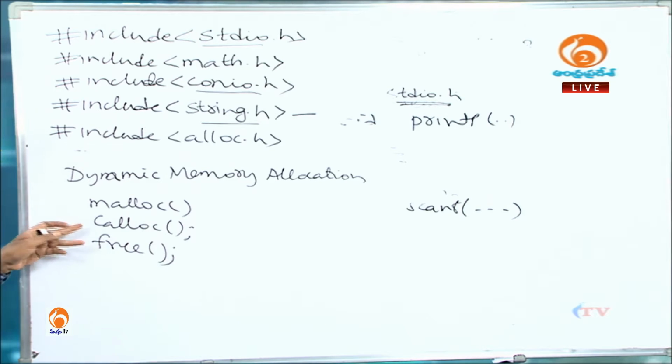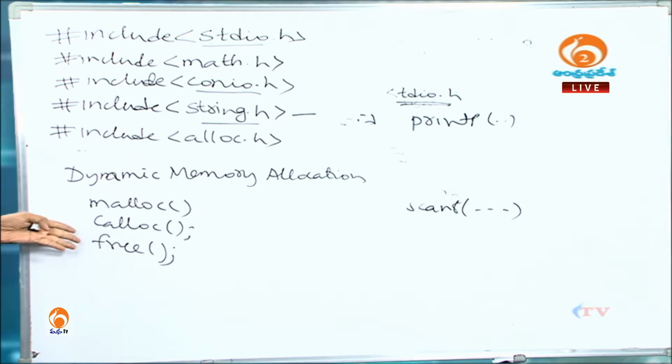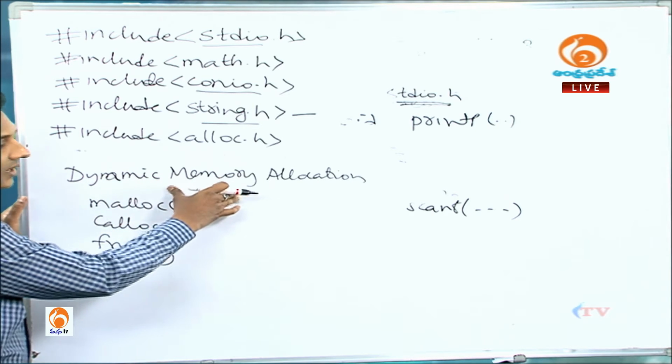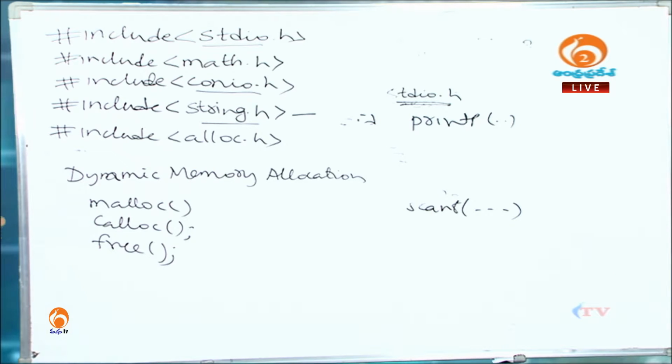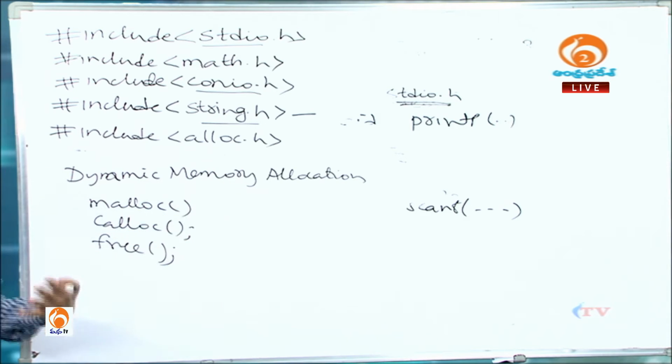Whenever you are calling these functions, you must include alloc.h. We will discuss these in future sessions. Don't worry about malloc and calloc as of now; just remember that they are used for dynamic memory allocation, and we will discuss them in detail later.